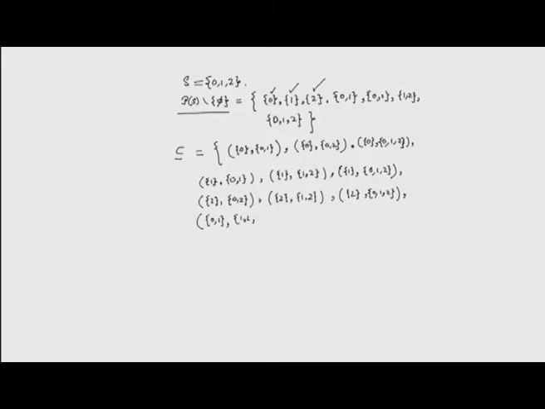So, the pair 0 1, 0 1 2 will appear over here, and then we will have 0 2 that is contained in 0 1 2, and finally, we have 1 2 which is contained in 0 1 2, and we close the bracket.